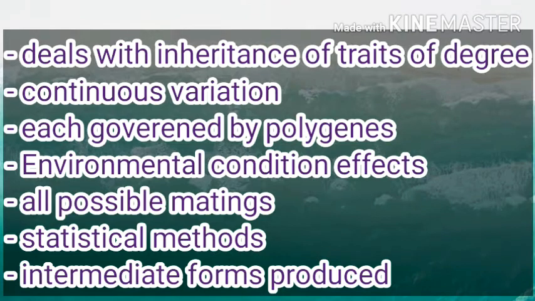It concerns a population of organisms consisting of all possible kinds of matings, and the analysis is followed by statistical methods. Here intermediate forms are produced. So polygenic inheritance is otherwise called quantitative inheritance.